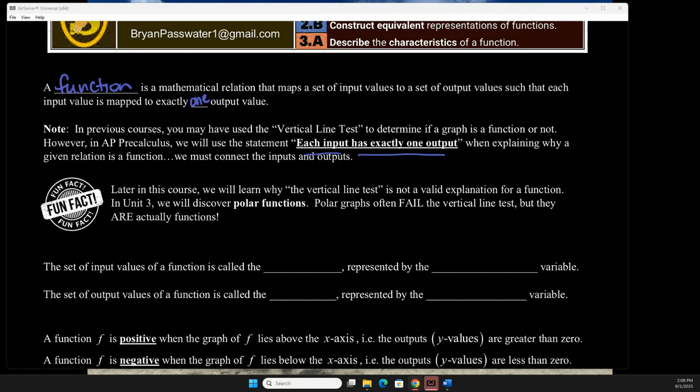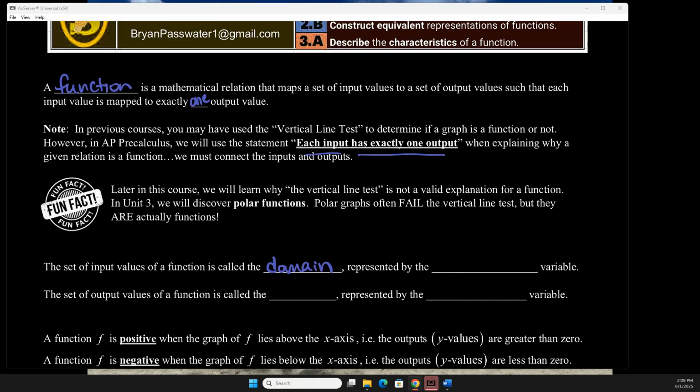Okay, so input is what goes into the function, obviously. A collection of the input, you guys remember what that's called? Domain or range? Domain, good. And is the input the independent or dependent variable? It's independent. So you can put anything you want into a function.